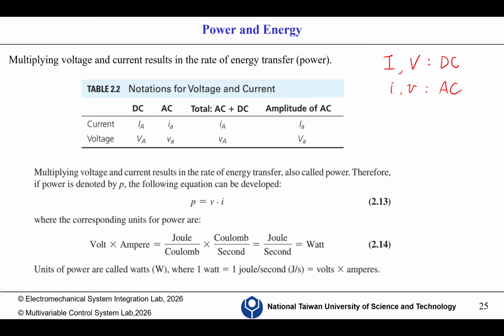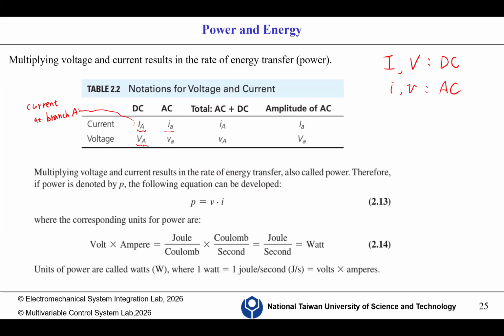And the subscript, for example, if you were talking about current, this is DC current I_A, and it means the current at branch A, because current flows through a branch.